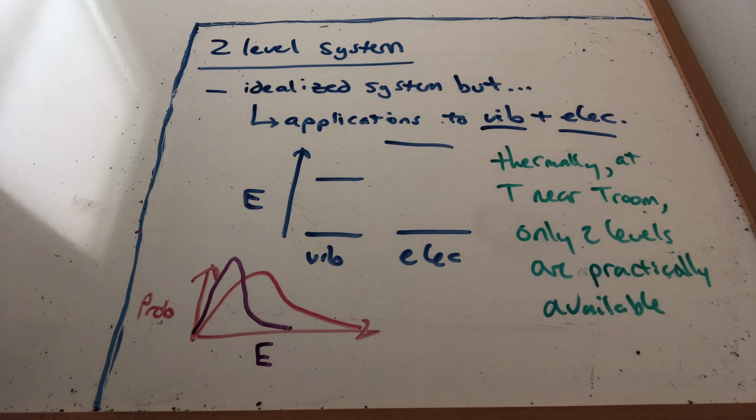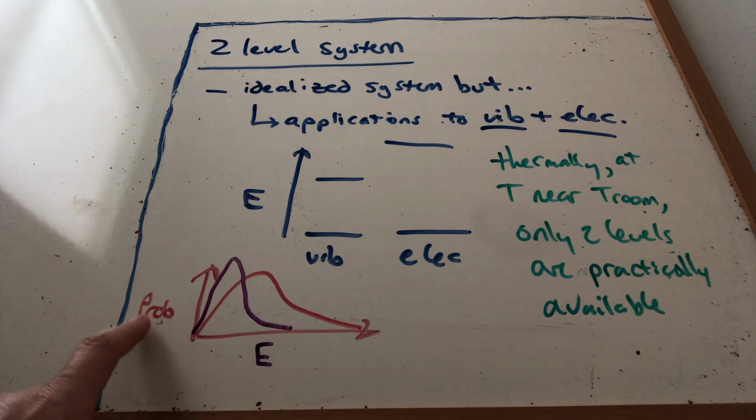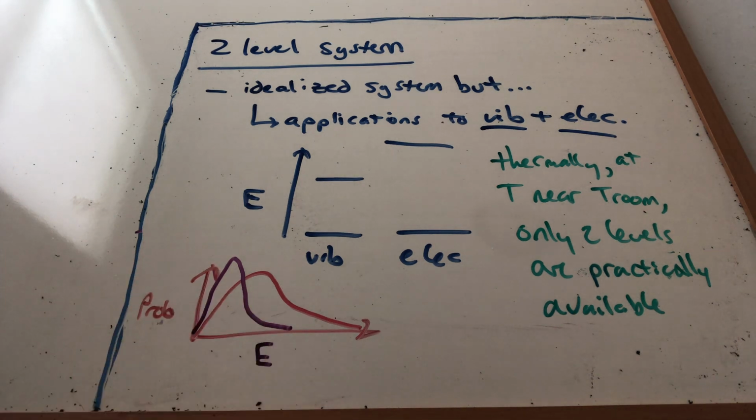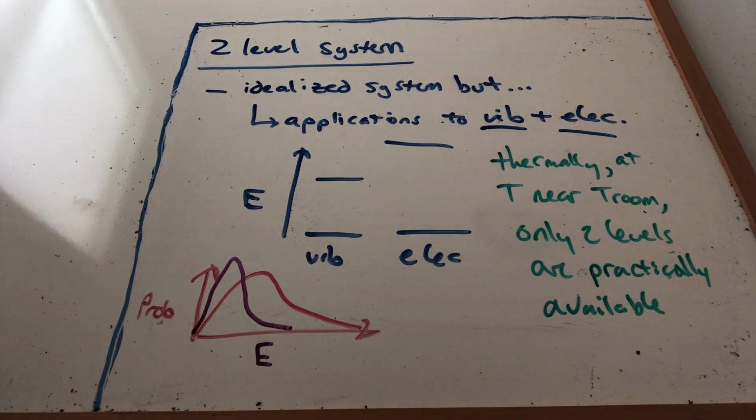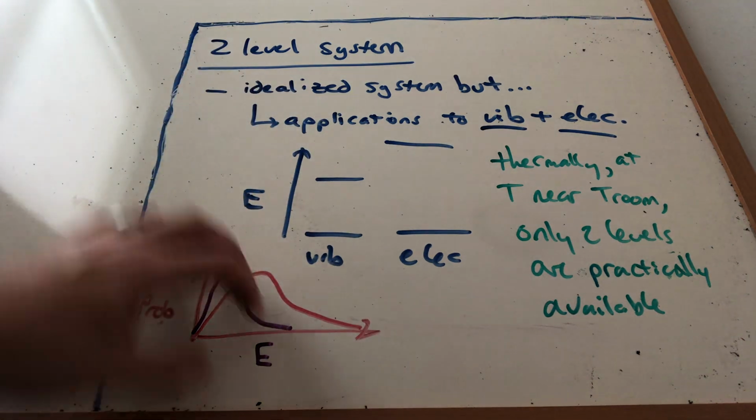And just to drive some points home that we talked about last time, remember these distributions that we looked at last semester, these Maxwell-Boltzmann distributions, where we're looking at the probability of finding particles with certain energies and how that relates to temperature. This purple graph is the low temperature graph that we drew last semester. And then this red graph is a higher temperature graph that we drew last semester. These same ideas happen here.